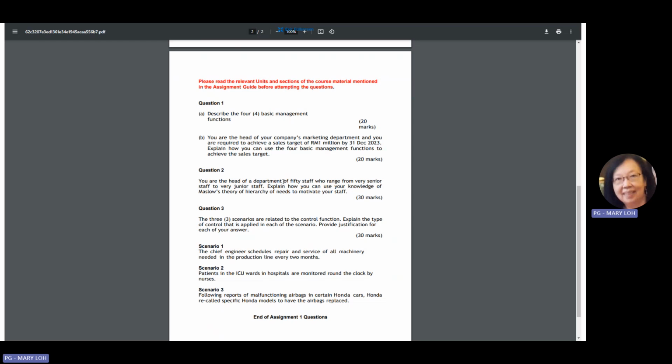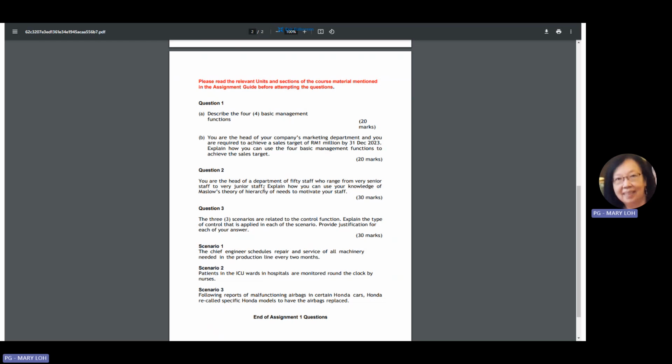So you have 50 staff, and some of them are junior staff, some of them are senior staff. So you have a combination. That means there are those who have worked there for quite some time, and those who just joined the company or been there only for a few years. These are the more junior staff, right? Explain how you can use your knowledge of Maslow hierarchy of needs.